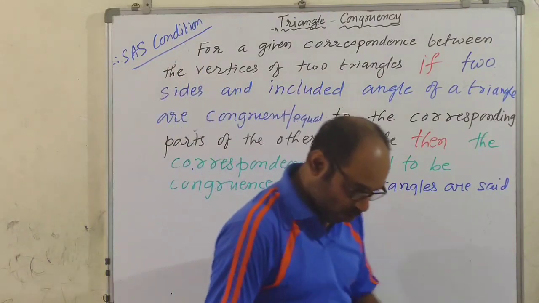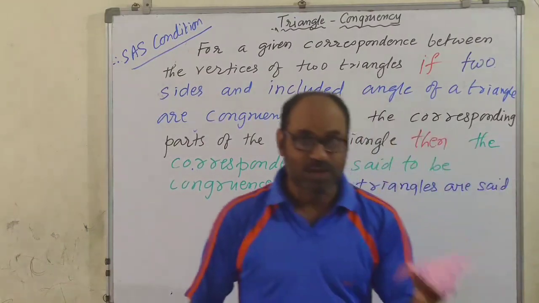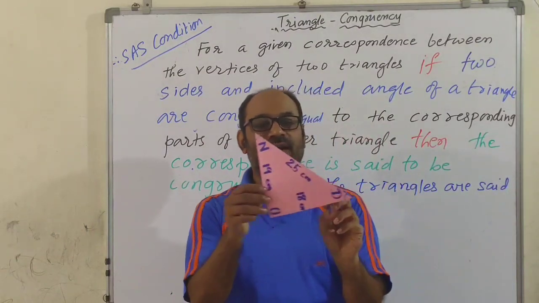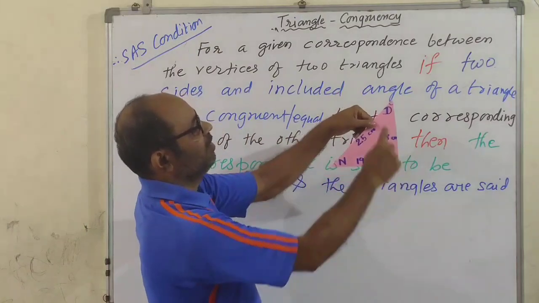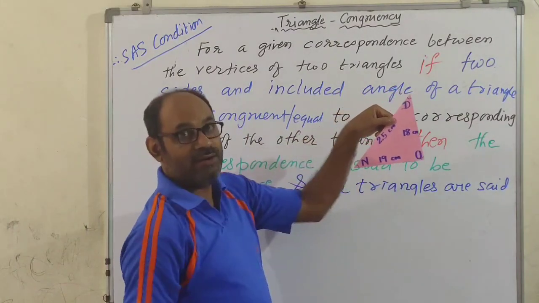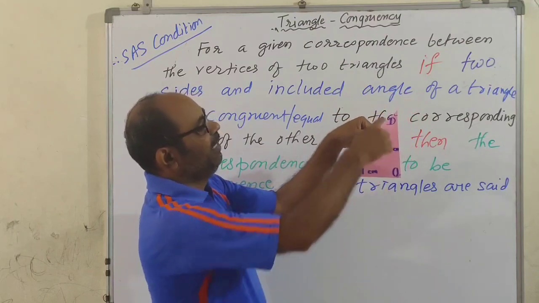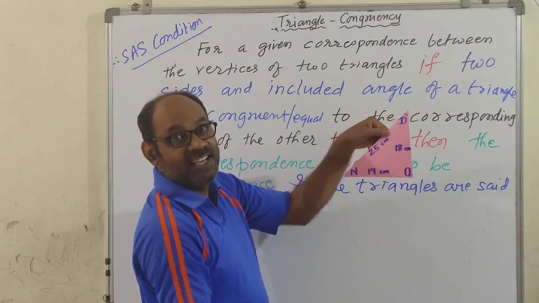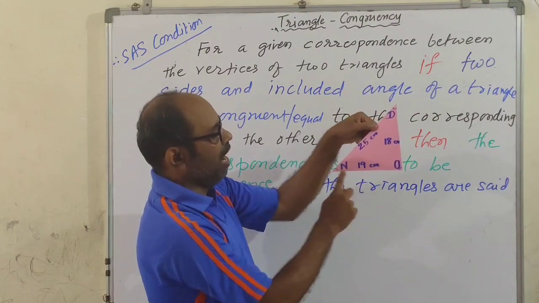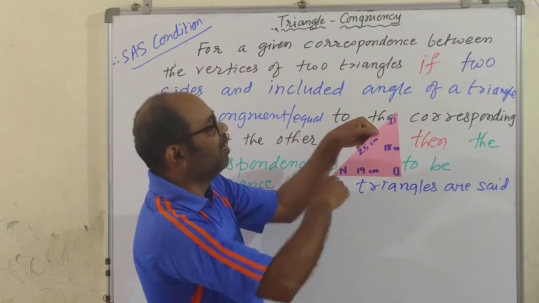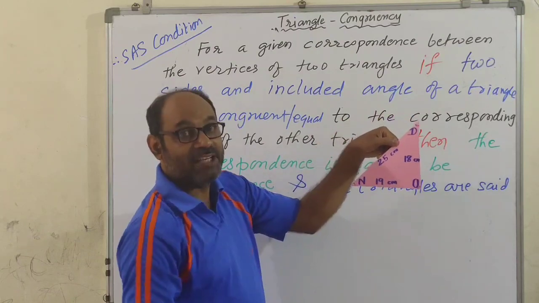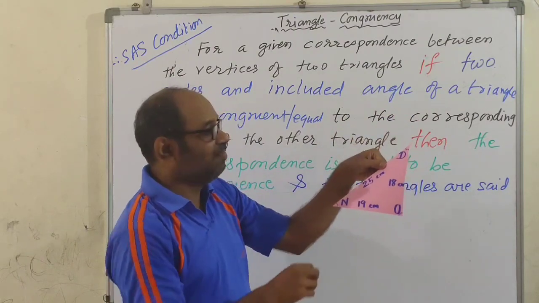Let's see if we have more. I have one more triangle here. Can you see this triangle? Triangle DON. DO, one of the side measures 18 centimeter. ON, the other side measures 19 centimeter. And DN, the third side measures 25 centimeter.